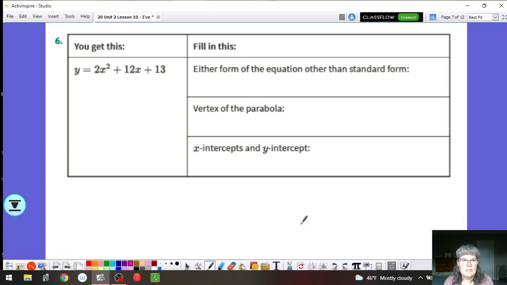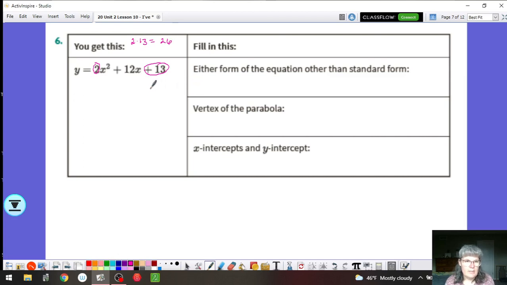In our next example, we have a 2x squared plus 12x plus 13. And again, we're being asked for the vertex and the intercepts. So I'm going to see if I can factor this. I'm going to start by multiplying 2 with 13. 2 times 13 is 26.